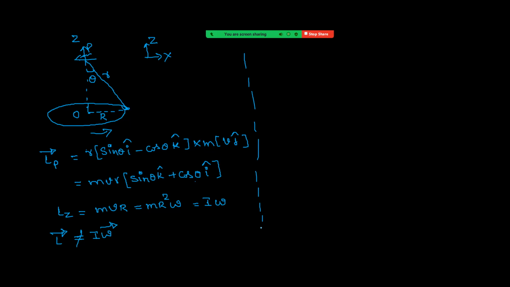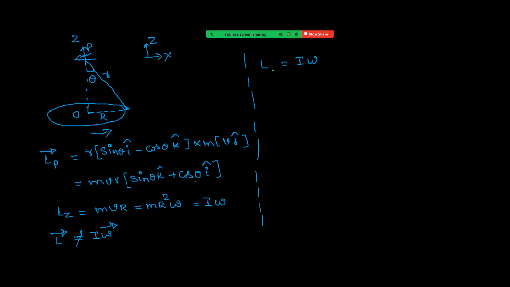Now when we take the angular momentum about the center of the circle, theta becomes 90, and cos 90 is 0. Remaining is L bar equal to M V R, that is I omega. In this case, angular momentum is along the z axis because the other component is now 0.